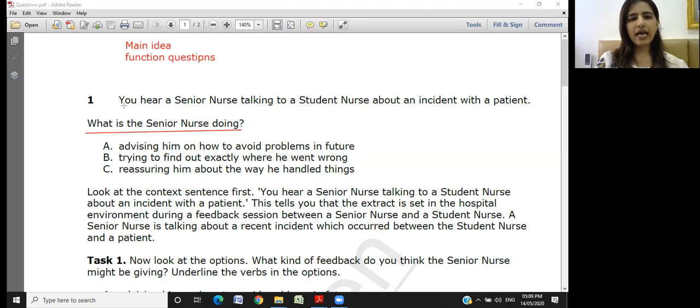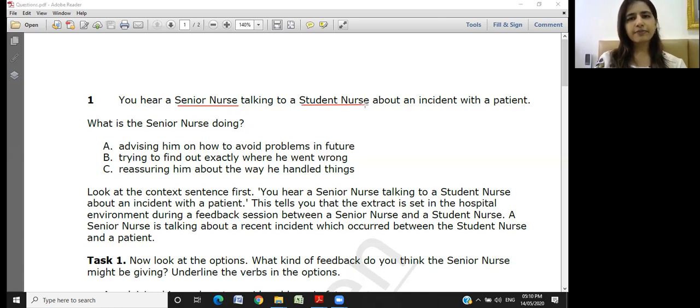You'll always have a context sentence which will tell you where the conversation is taking place and between whom. You can see here it says it is between a senior nurse and a student nurse. So what kind of conversation can they have if it is a senior nurse and a student nurse?